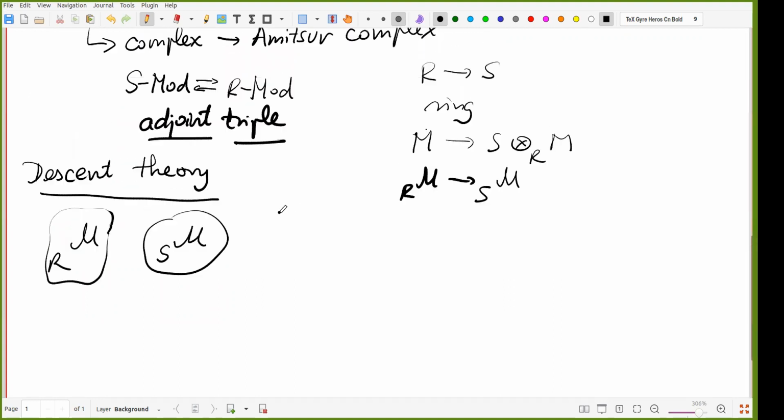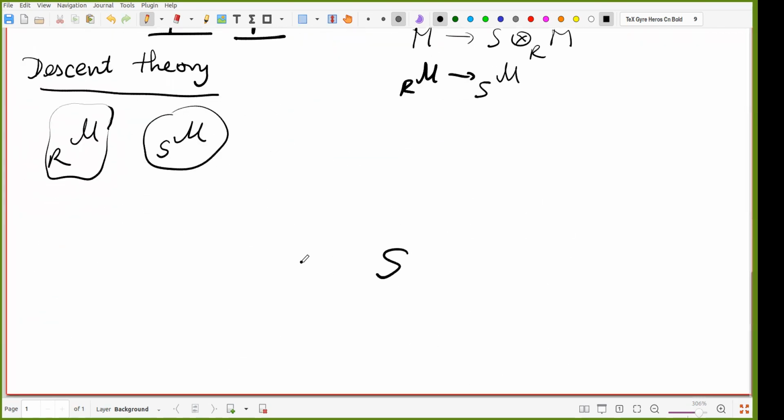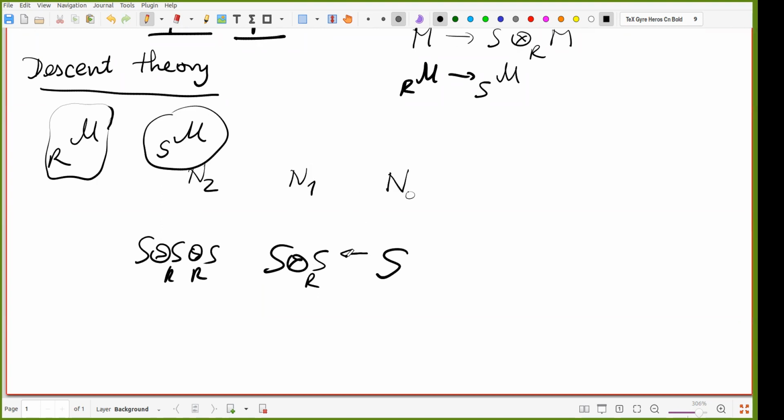So this descent problem is usually stated in terms of this co-simplicial object, that above every level of this, so if I have this S tensor S, S tensor S tensor S, above every level you consider a module N here, say N0, I will have N1, I will have N2, and then you can have extension of scalars along each of these maps.